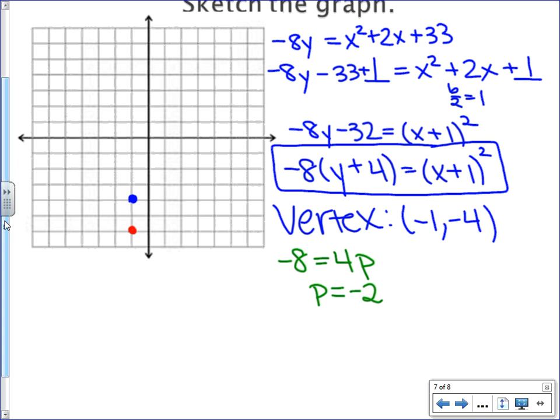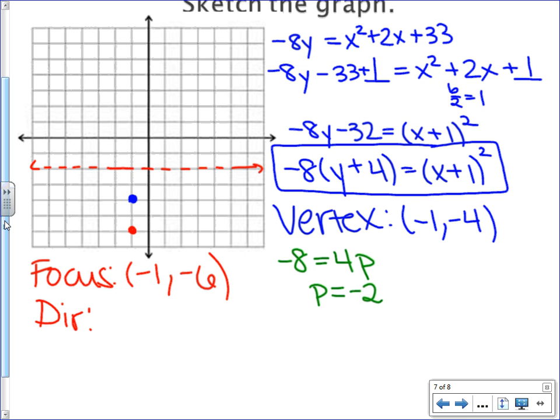The p is negative because it's opening down, but you're still going to move a distance of 2. All right? So our focus is the point negative 1, negative 6. Our directrix is going to be to the other direction. It is a horizontal line, so now it's y equals negative 2.